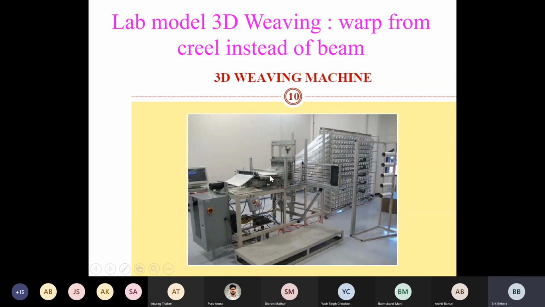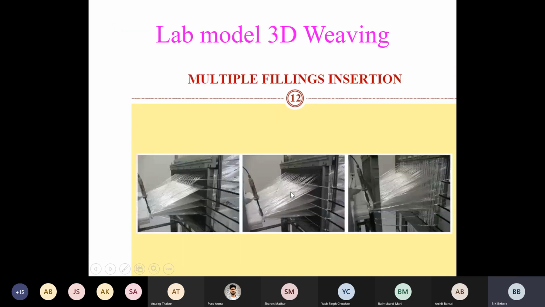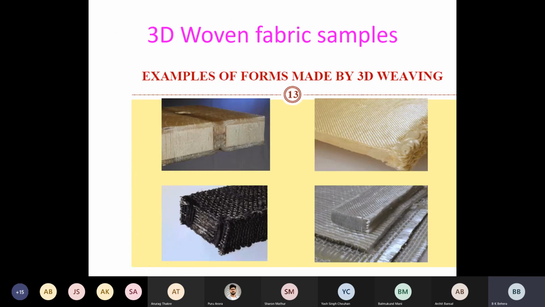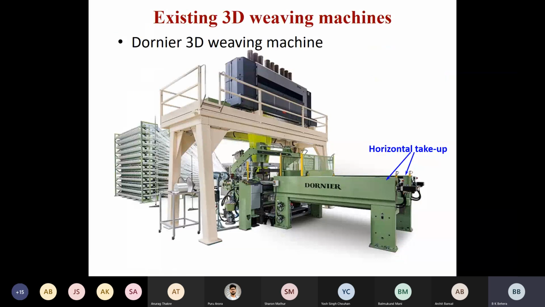So the piston will go up and down based on the mechanism fitted here, to raise or lower the heald, so that the shed will be formed and weft will be inserted. In this case, this is a very expensive machine. There is an electronic jacquard. It decides which warp will go up, which warp will go down. Accordingly, the shed will be formed and weft will be inserted.